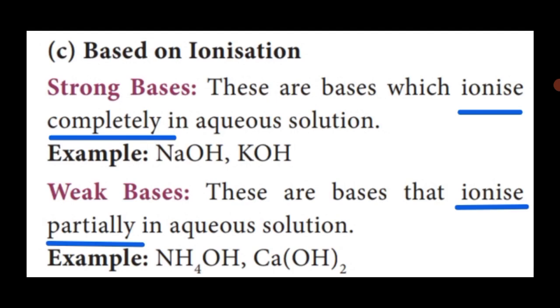Second one is weak bases. These are bases that ionize partially in aqueous solution. Example, NH4OH and Ca(OH)2. These substances are not completely ionized, only partially ionized. These bases are called weak bases. These are the classifications of bases.